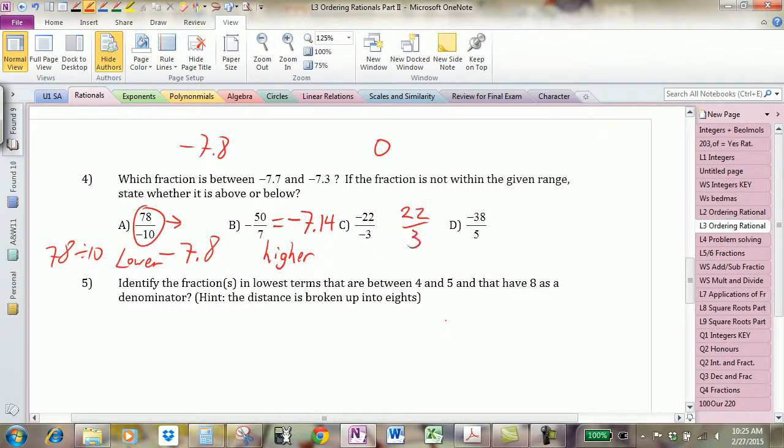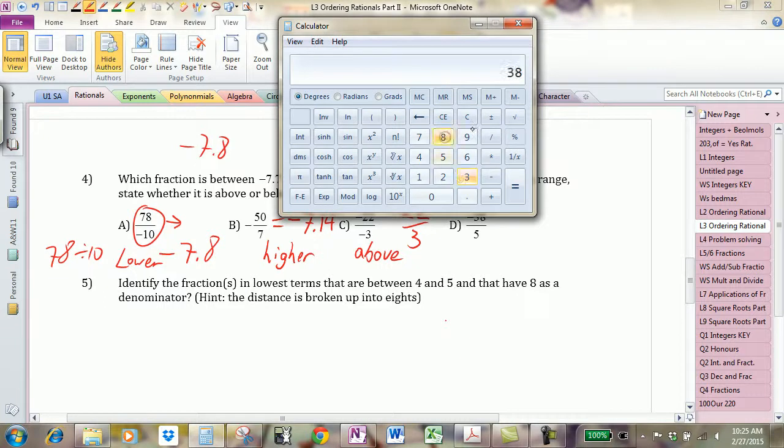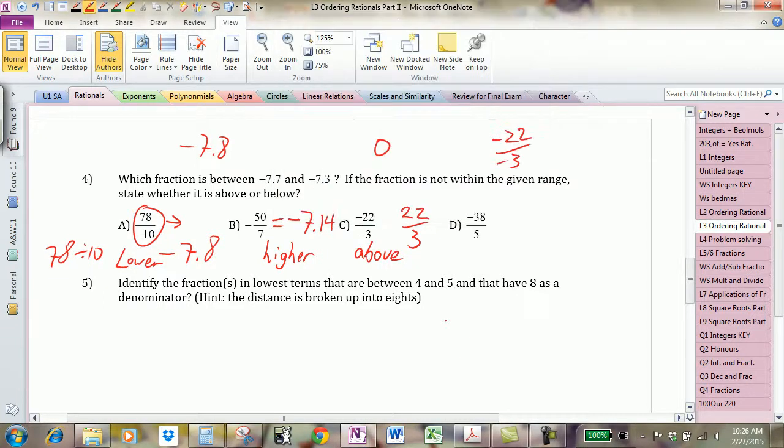It's like way over here. Because of the double negative signs equaling a positive fraction, this one's definitely above. It's higher. Okay, above or higher, whichever one you want to use. D, try that one. Negative 7.6. Yeah, in between.